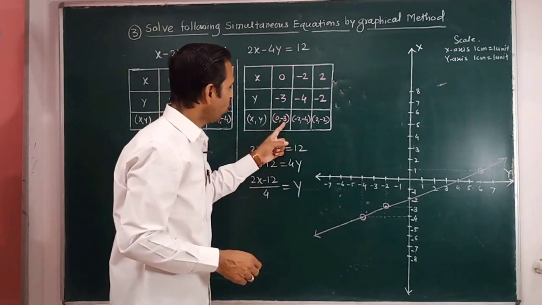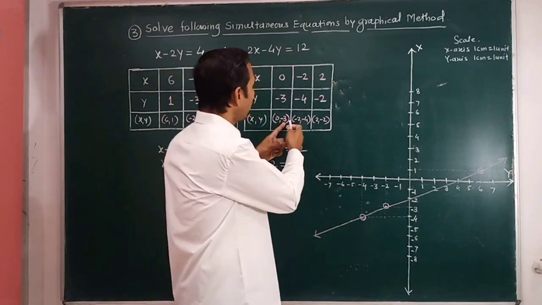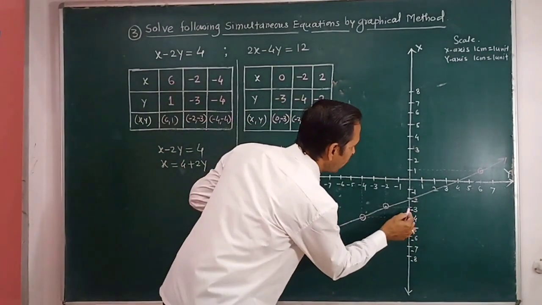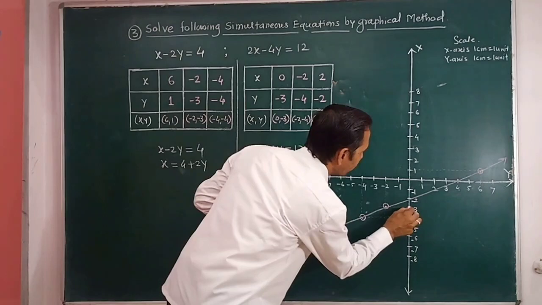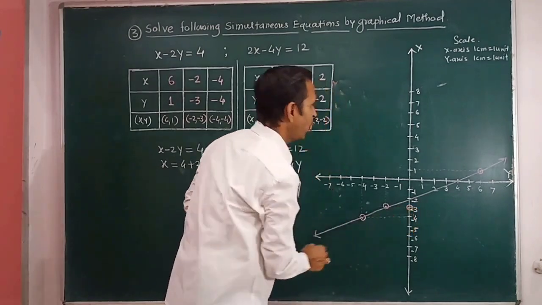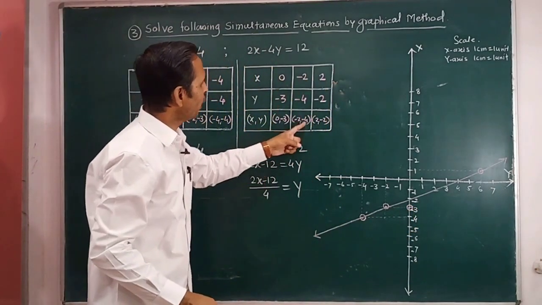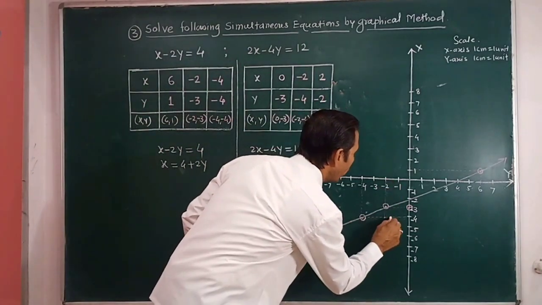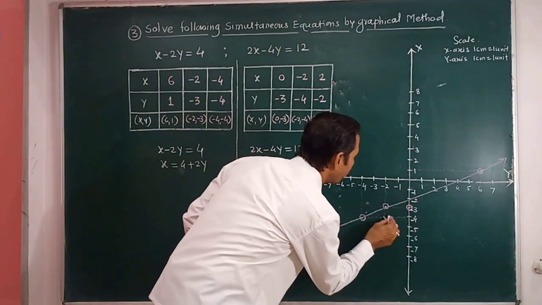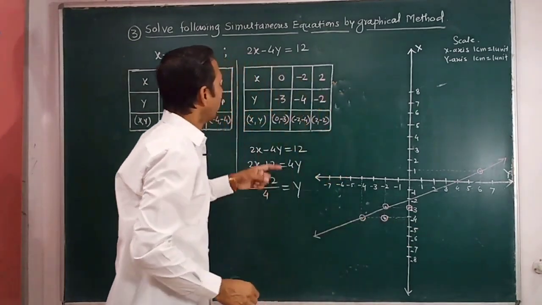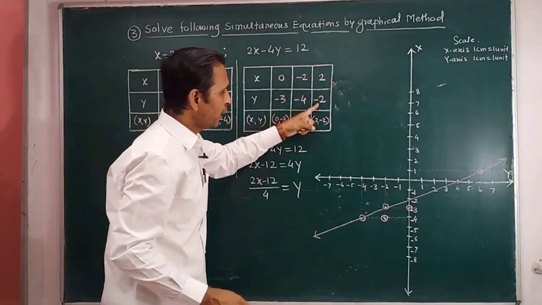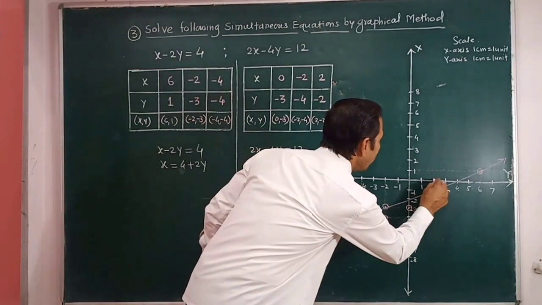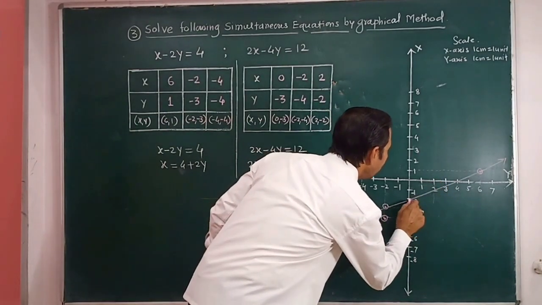Another point is (-2, -4). Another point is (2, -2). This is a point.